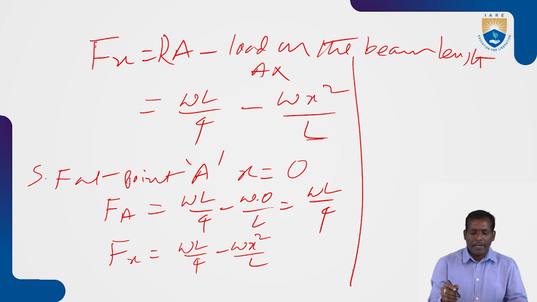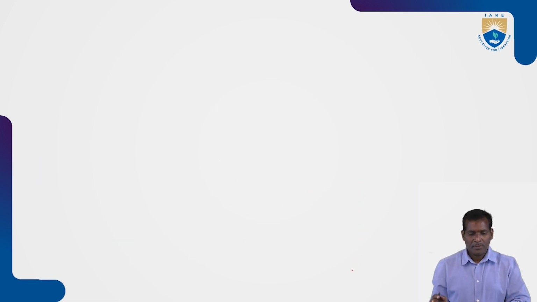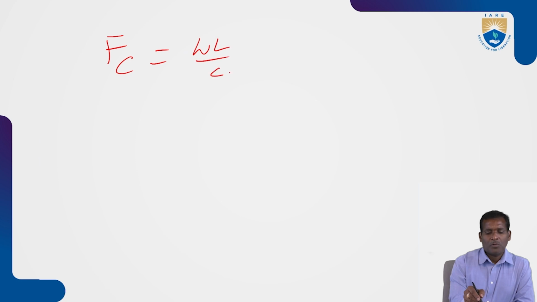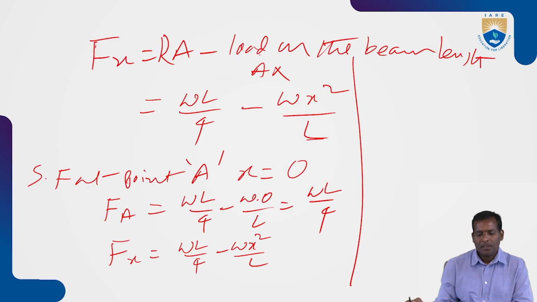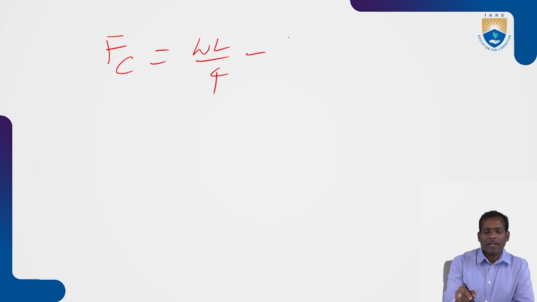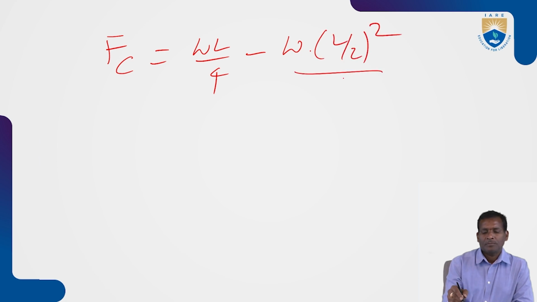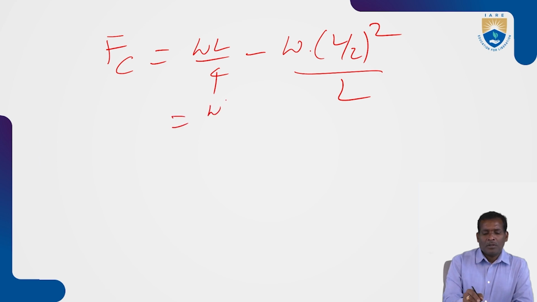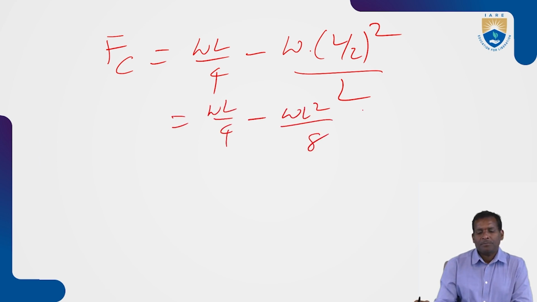Next, shear force at C. WL by 4 minus WX square by L. So W into what is the X here? L by 2. So WL by 4 minus WL square by 8.